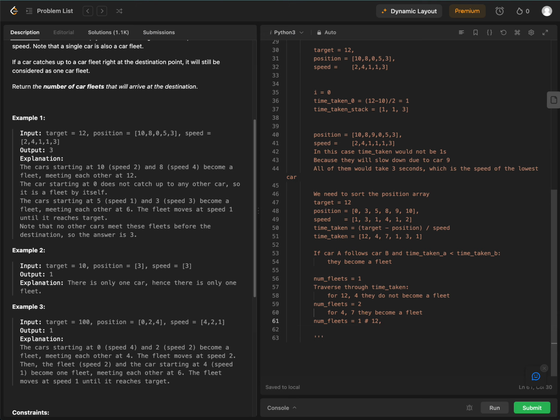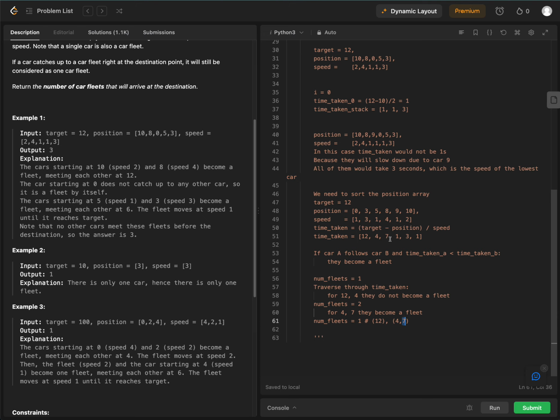12, 4, 7. So 12, 4, 7. And then 4 and 7 essentially becomes a fleet, but this 7 will be the slowest time it takes to get to the position, right?